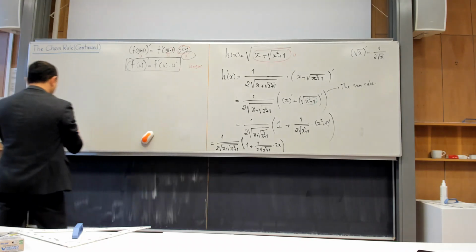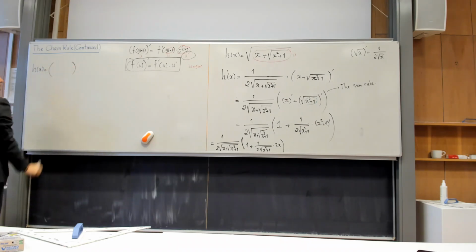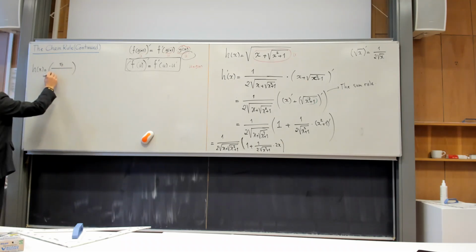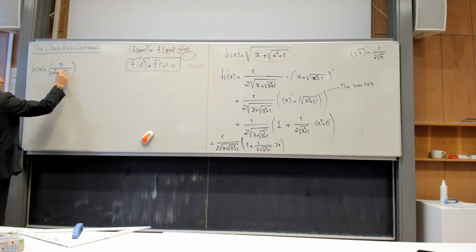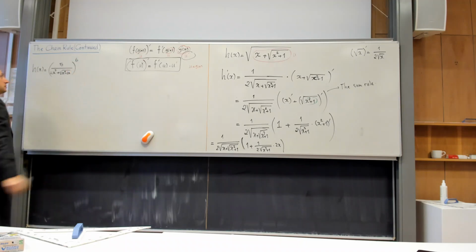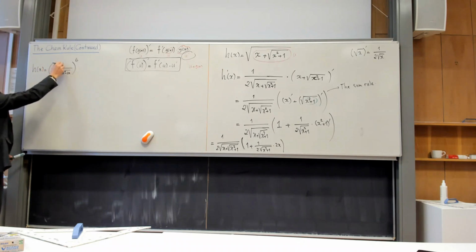So h of x is equal to, for example, 5 divided by x plus the square root of 2x cubed plus x squared minus 2x, to the power of 6, for example. I think this number becomes very big, so let me just write it as 1.